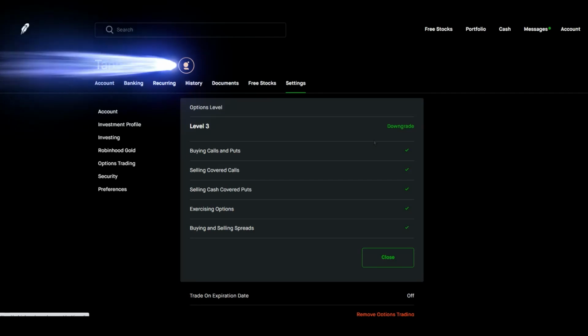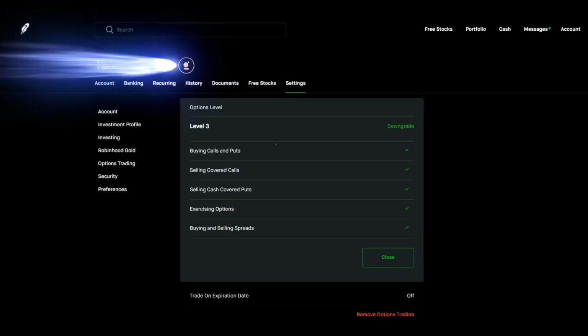Basically you have to go out there and make some calls and puts, do some small trading with options, and once you have some of that in your account, then they will upgrade you to level 3, and that usually takes about 2 weeks from what I've seen. That's what it was around when I started, and I think it's still like that from when I've checked forums and stuff like that. So just wanted to clear that up.